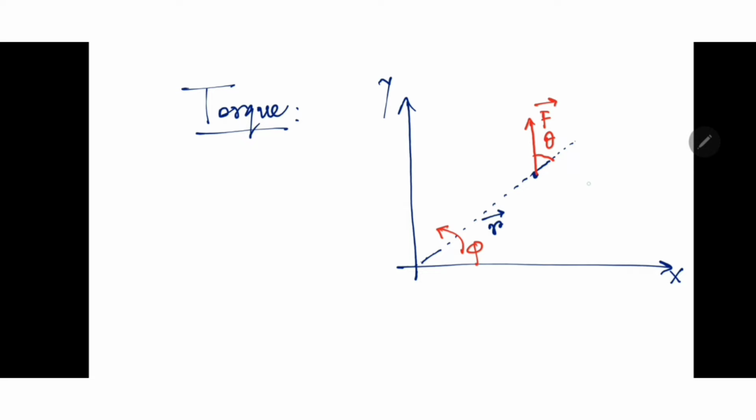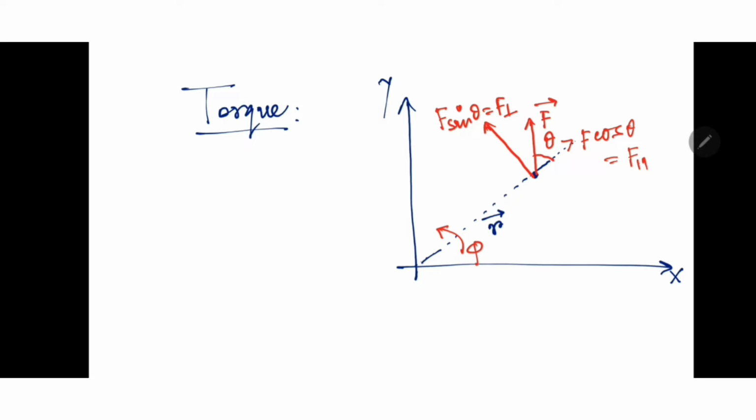To understand this, let's break the F vector into two components. Here the component is F cos theta, this is F parallel, and here the component is F sin theta, this is F perpendicular.